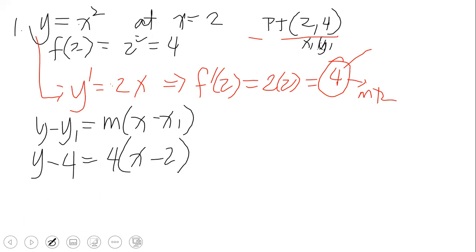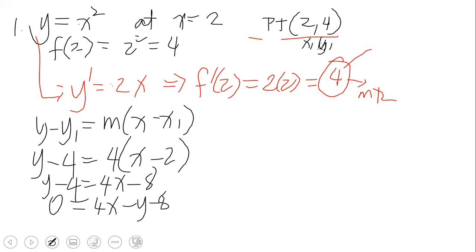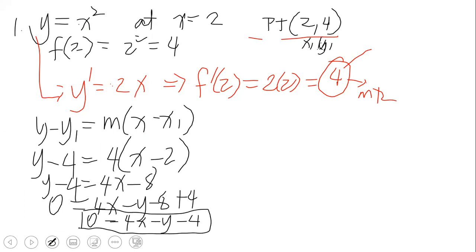So simplify all those values. y minus 4 equivalent to 4x minus 8. So equated to 0, therefore 4x minus y minus 8 plus 4, so 4x minus y minus 4 equal to 0. So that will be your equation of your tangent line.